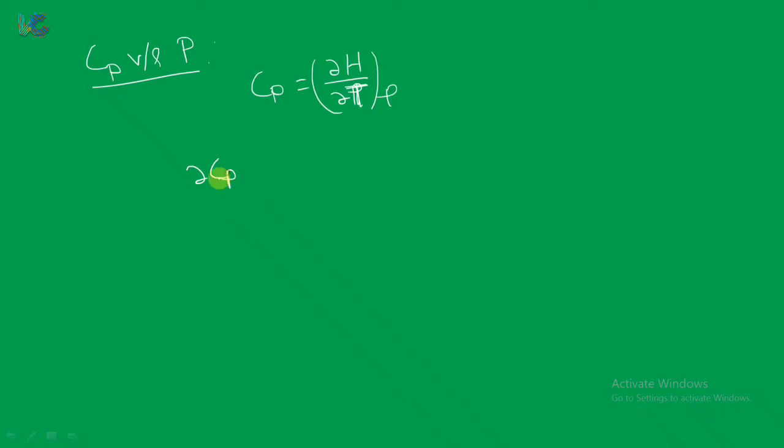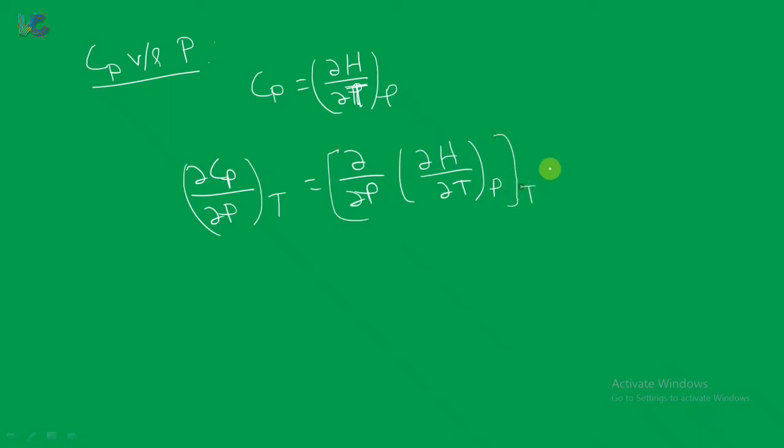Now we will see the variation of Cp with respect to P. Similarly you can do this. You know that Cp is equal to ∂H/∂T at constant P. So I want to measure ∂Cp/∂P at constant T. Instead of Cp you put this, so ∂/∂P of (∂H/∂T at constant P) at constant T. Now H is also a state function, so you can interchange these two.